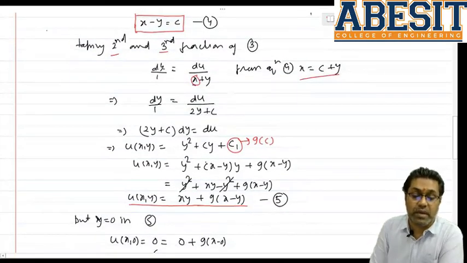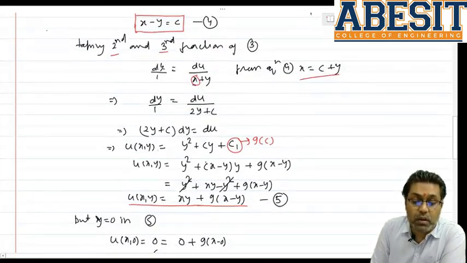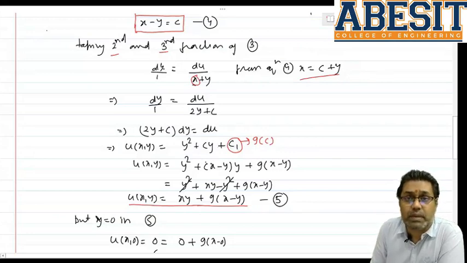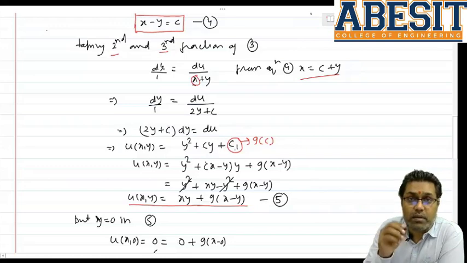Integrate this, so we get u, basically u(x, y). Everywhere u is a function of two variables. So u(x, y) is equal to y square, the integration of 2y is y square, and the integration of c is cy, plus some constant c1. But as I said earlier, in the Cauchy method of characteristics we don't take c1 as an arbitrary constant; we take some function of c.